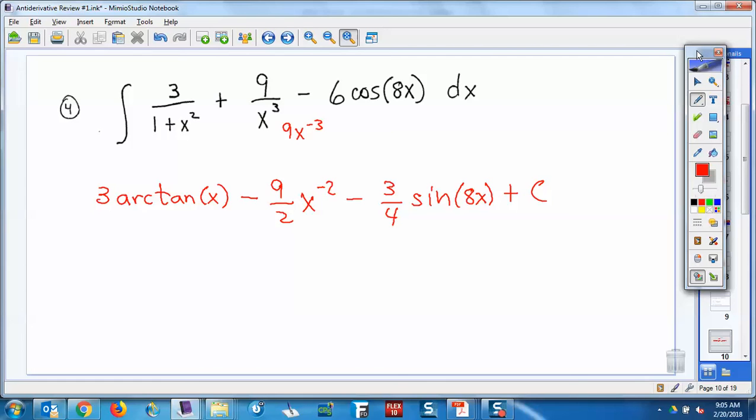This one, I'm going to think of that as 9x to the -3, so I raise it to a -2, divide by -2. And then on that cosine, I have to kick out a 1/8, so that makes 3/4. And the antiderivative of cosine is sine, so the sine stays the same. The inside always stays the same. So again, that's back to just using your antiderivative rules there.